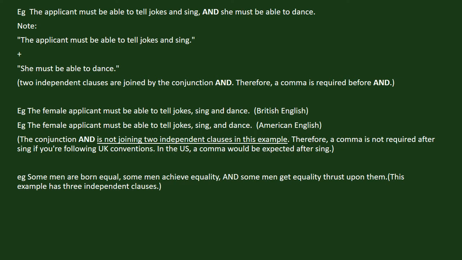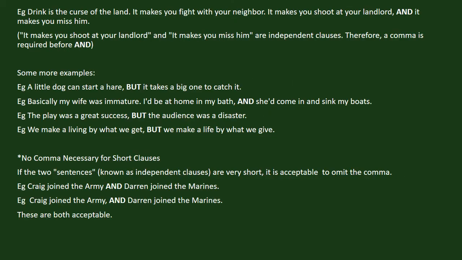And the example is, some men are born equal, some men achieve equality, and some men get equality thrust upon them。咁呢度咧就有3個獨立子句啦。第一個咧就係 Some men are born equal。第二個咧 Some men achieve equality。第三個咧就係 Some men get equality thrust upon them。Another example is Drink is the curse of the land.